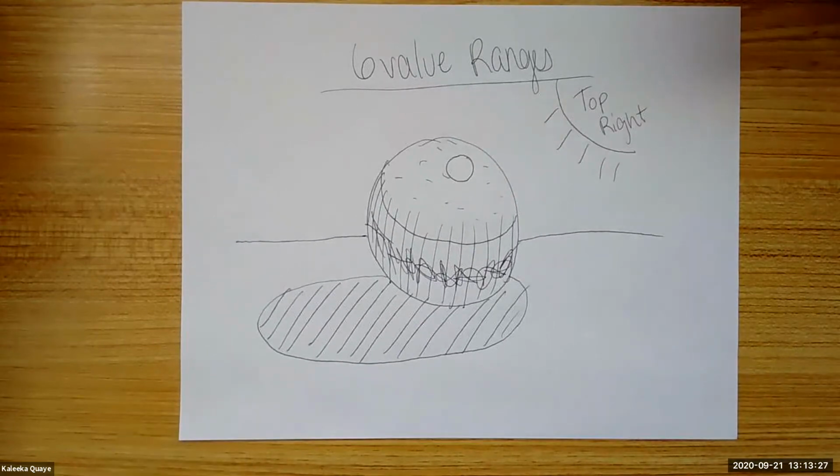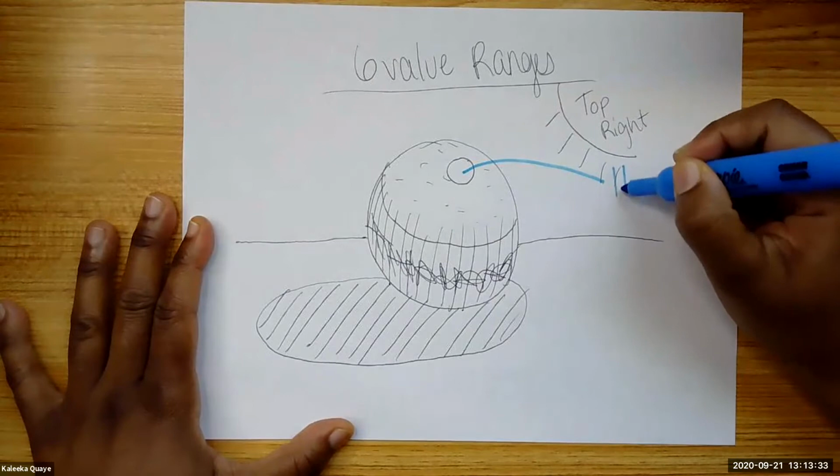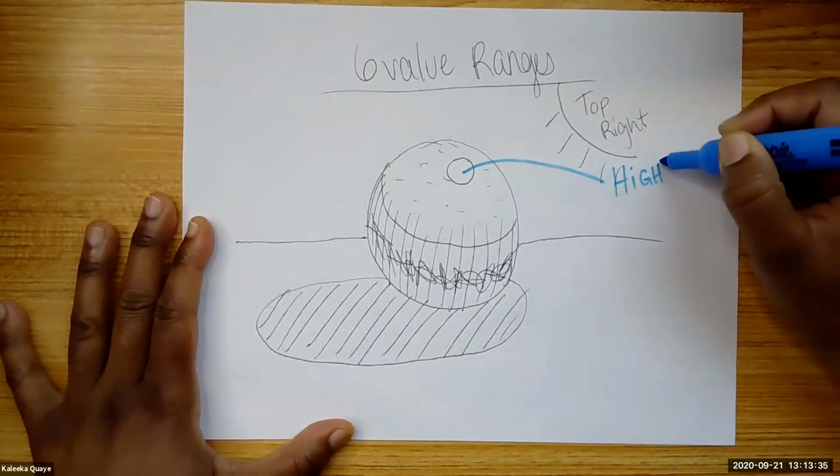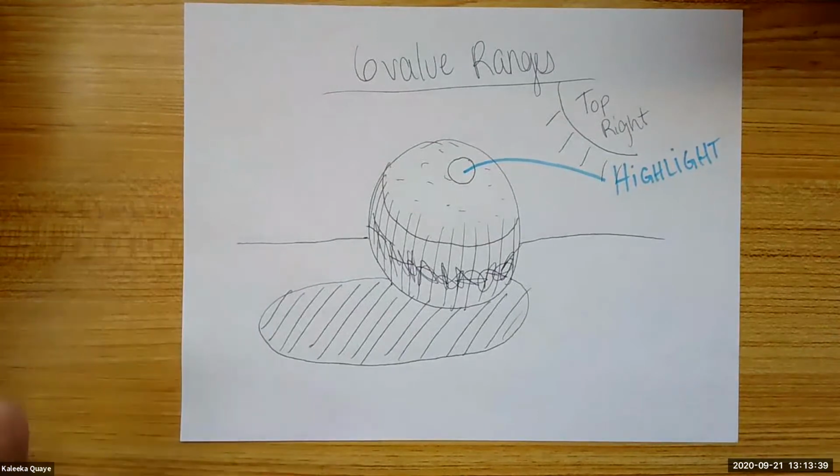You're taking notes. Okay, so the first one right here, that's going to be called our highlight. That is the area highest to the light, closest to the light. Okay, so typically on an item, let's say if you're looking at a sphere, in this case, it would be that shiny spot.